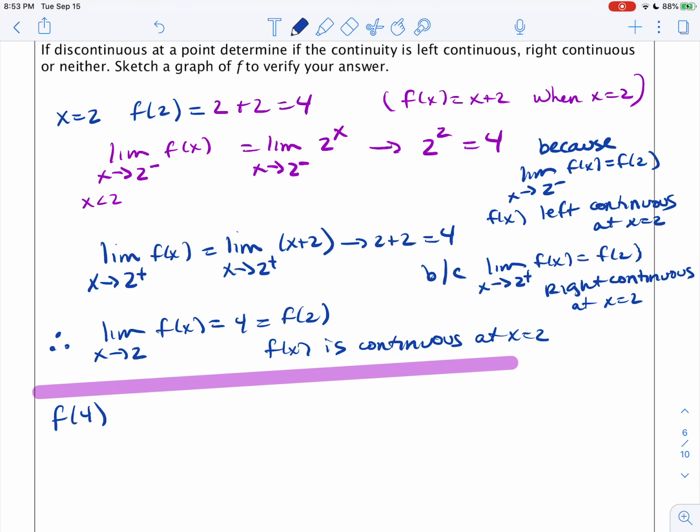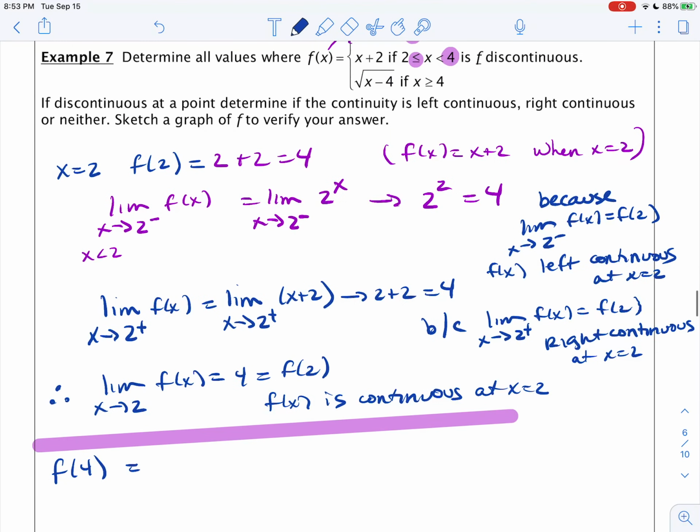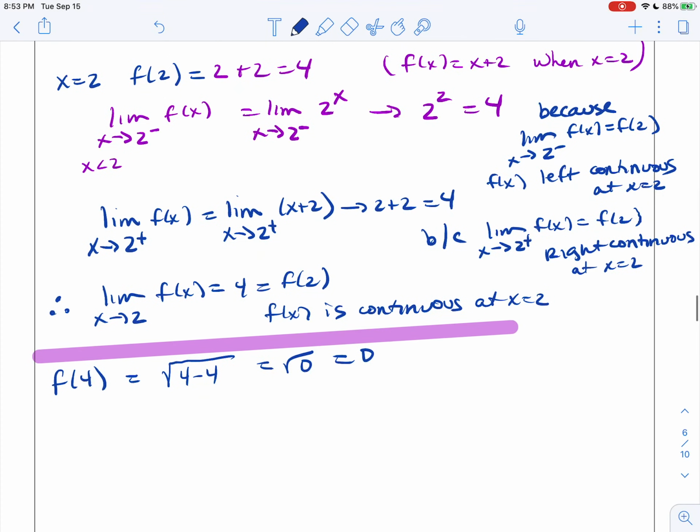So what is f of 4? F of 4 is going to be the square root of 4 minus 4, because in our definition, when x is equal to 4, we use square root of x minus 4. And that's going to be the square root of 0, which is 0. Okay.